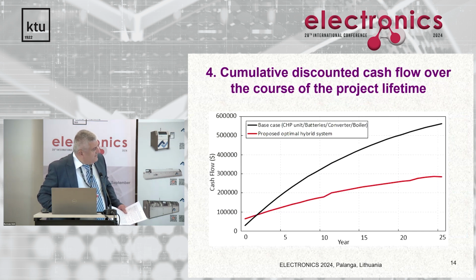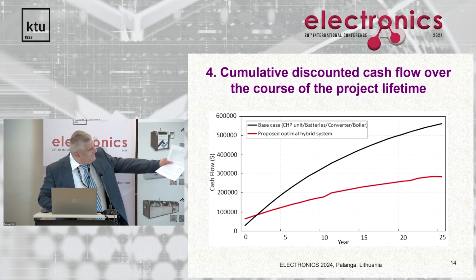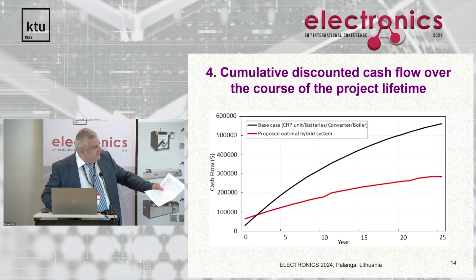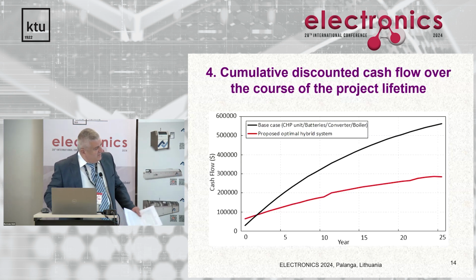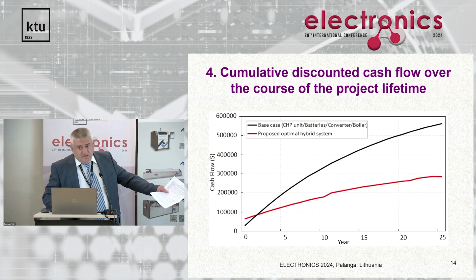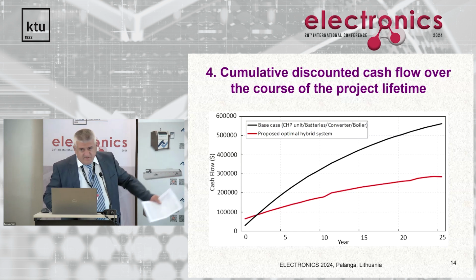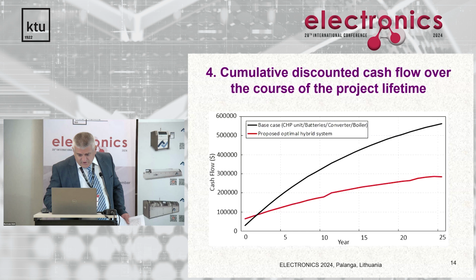The first one in black is the base case, composed of components listed in the parentheses, and the proposed optimal hybrid system is presented by the red curve, and that means this solution includes a thermal load controller. That is the difference between these two solutions.